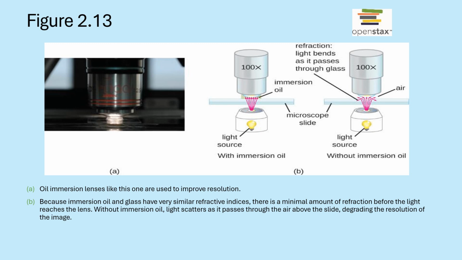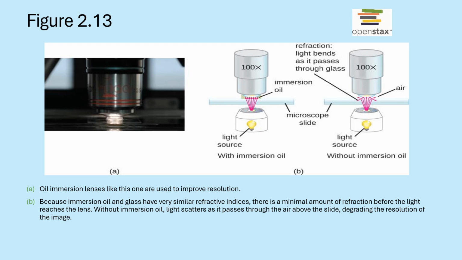You put just one drop on your slide, and what it's going to do is help focus the light that's coming up from underneath, focus it all into the same direction, into that lens. It prevents the light from scattering, and this just enhances your ability to see your specimen, because like I say, you're looking at 1,000 times magnification.